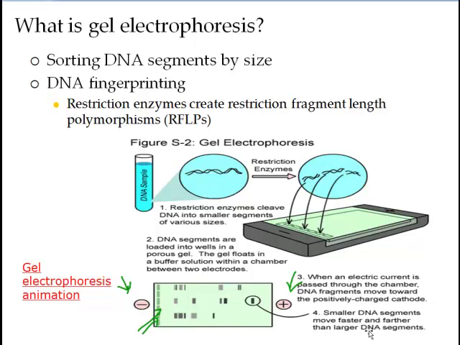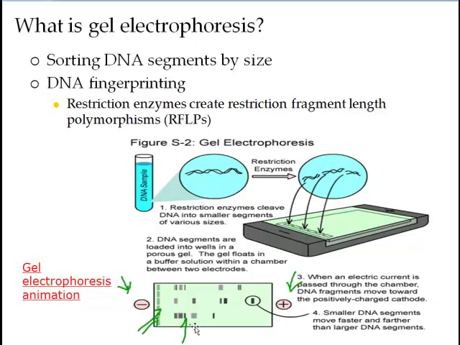So smaller DNA segments will move further and faster than larger DNA segments, and this will then separate those segments. Once you have these segments sorted out and they are labeled and dyed, you can see visible bands that are shown up here.